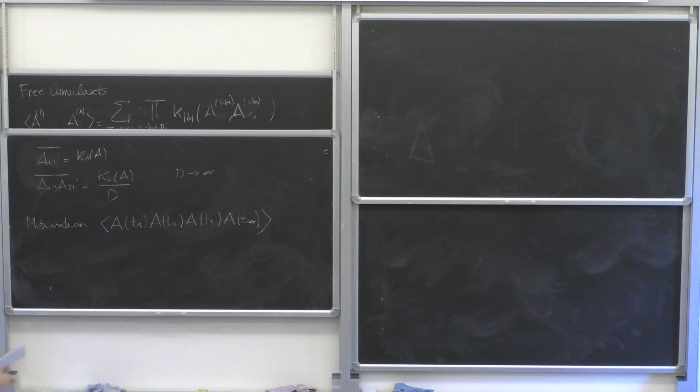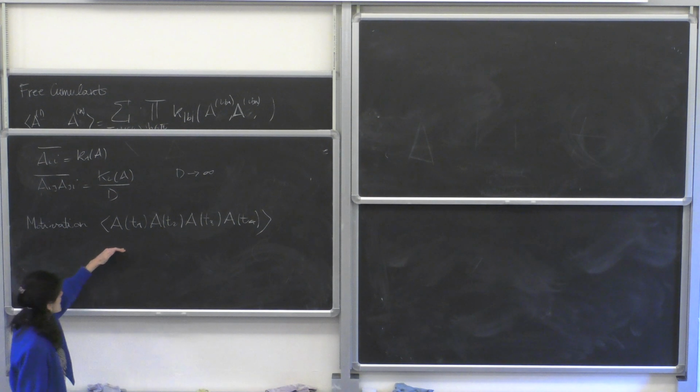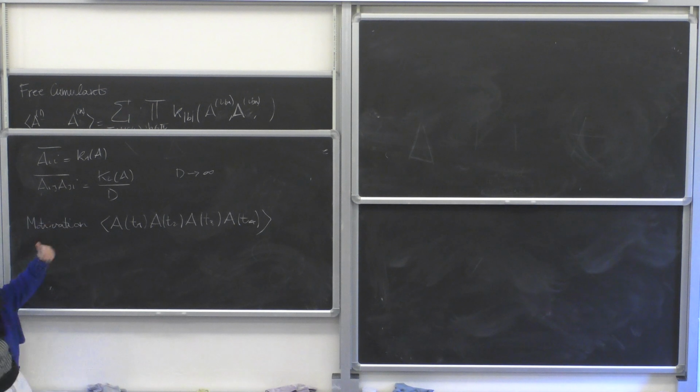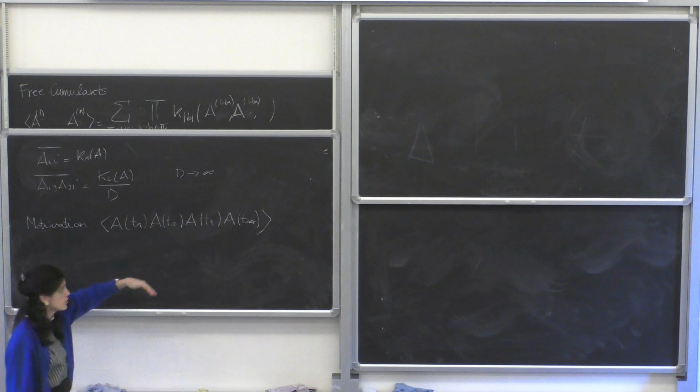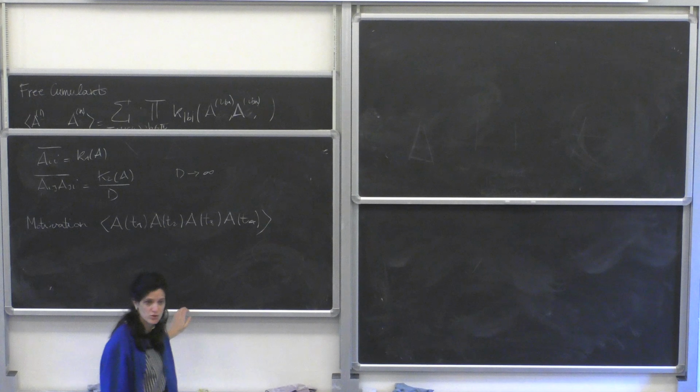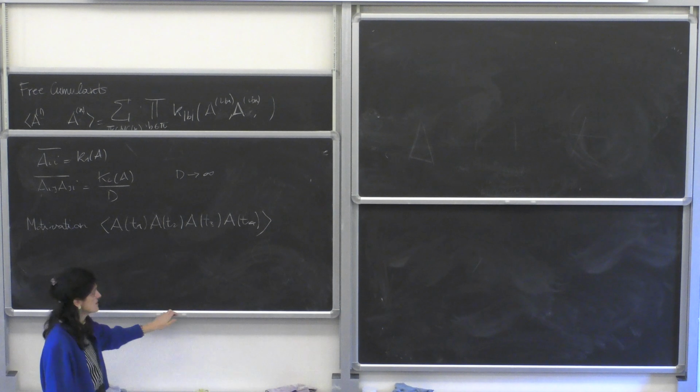In order to predict this kind of correlation functions, clearly we need to go beyond the standard ETH. So you need to assume that there are correlations between the matrix elements.